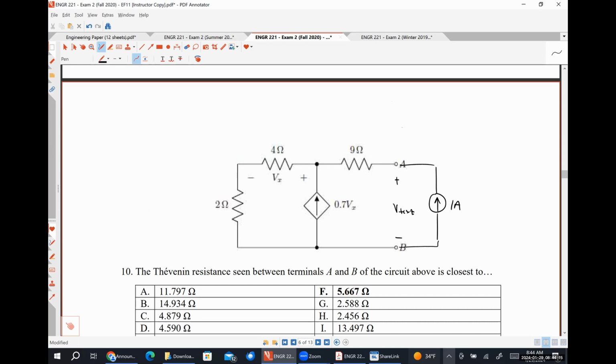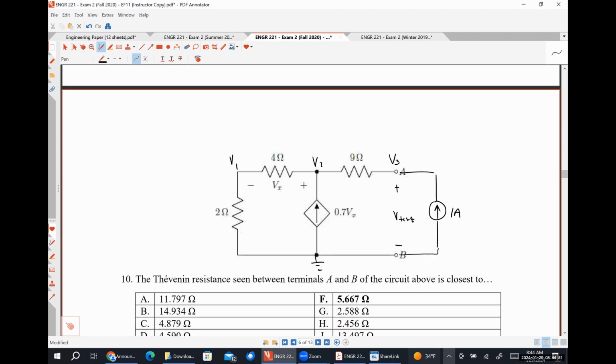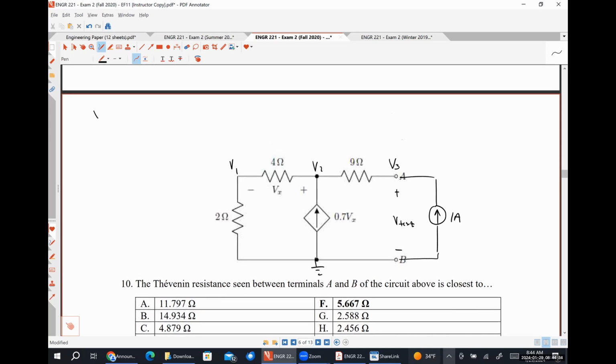Here's my voltage V test. Probably the easiest way to solve for this voltage would be nodal analysis, choosing that as ground. So let's call this V1, V2, and V3, where V3 is the same thing as V test. We could say that Vx is equal to V2 minus V1.